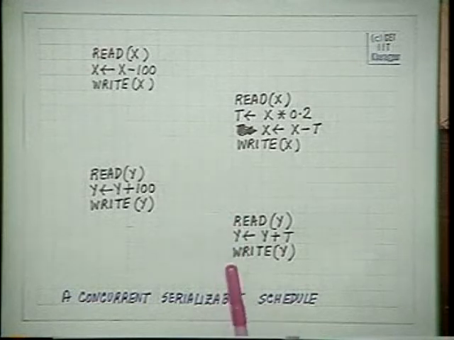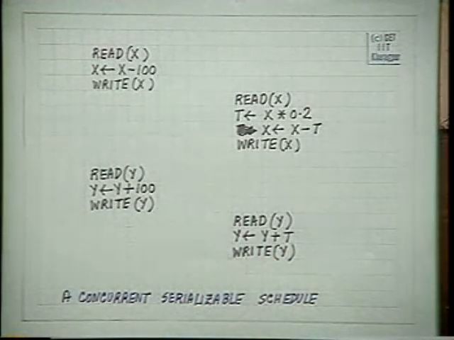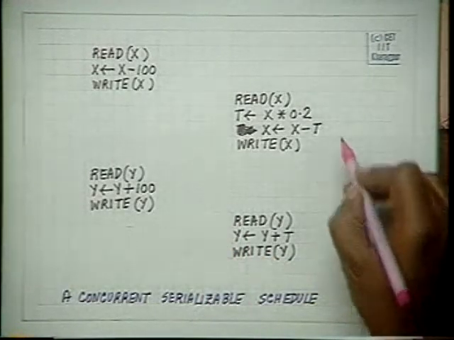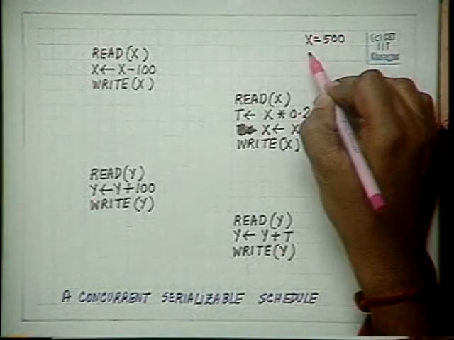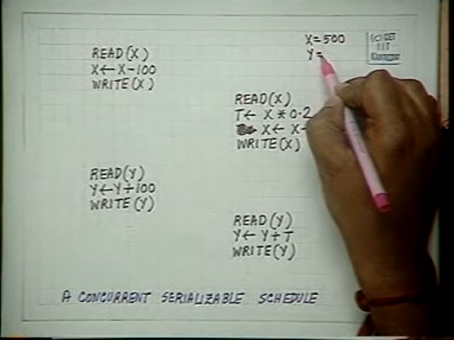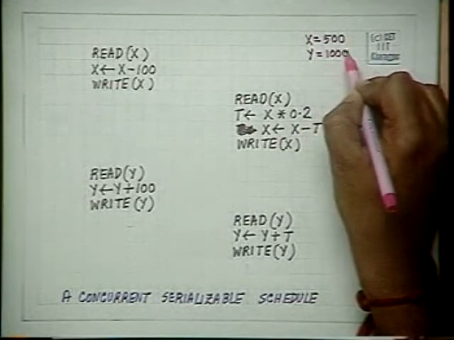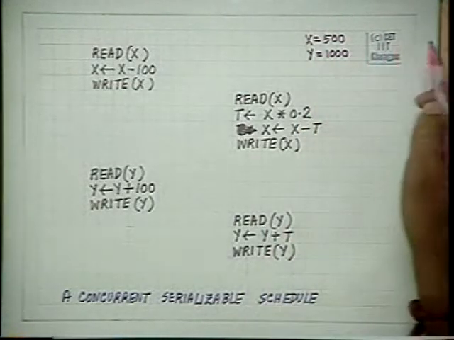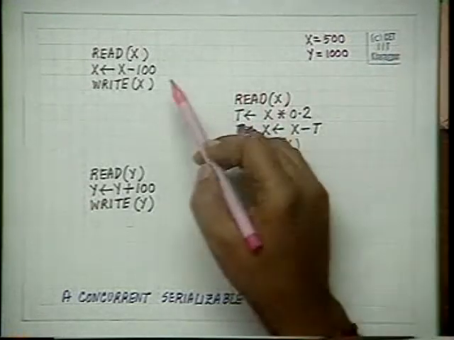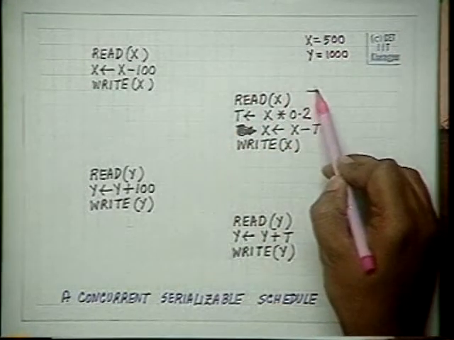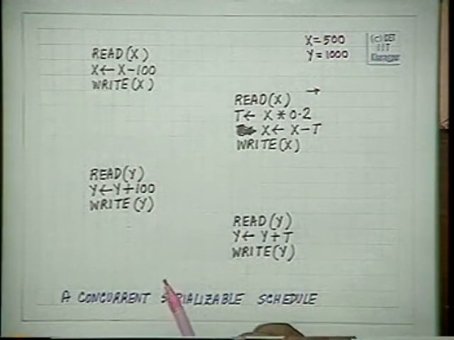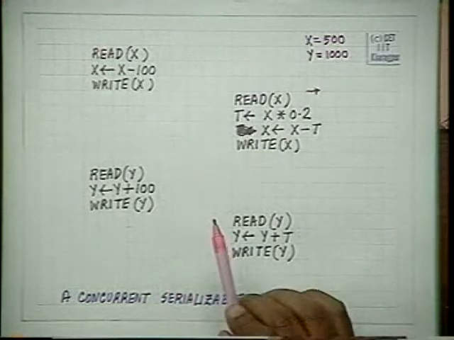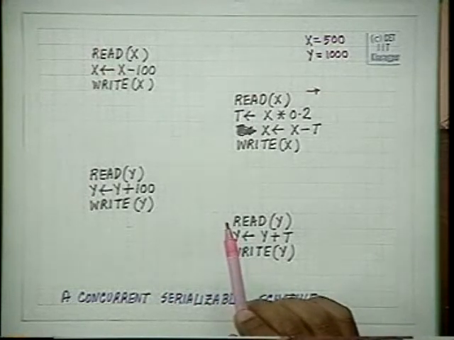Let us see. Let us start with x equal to 500 and y equal to 1000. Then at this point of time, after the write operation is done, by the way, I would just like to mention here that we are not considering failure at this particular point of time.